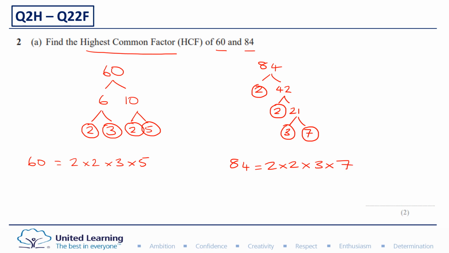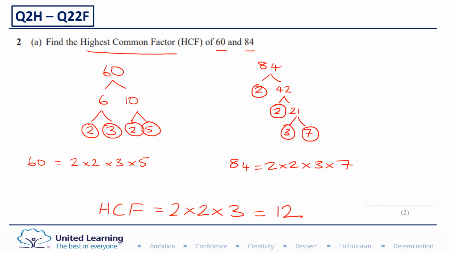And now I'm going to identify the highest common factor. What's common to both values? Well, the highest common factor is 2 times 2 times 3. I can't use the 5 or the 7 because that's not common to both, which gives us the answer of 12.